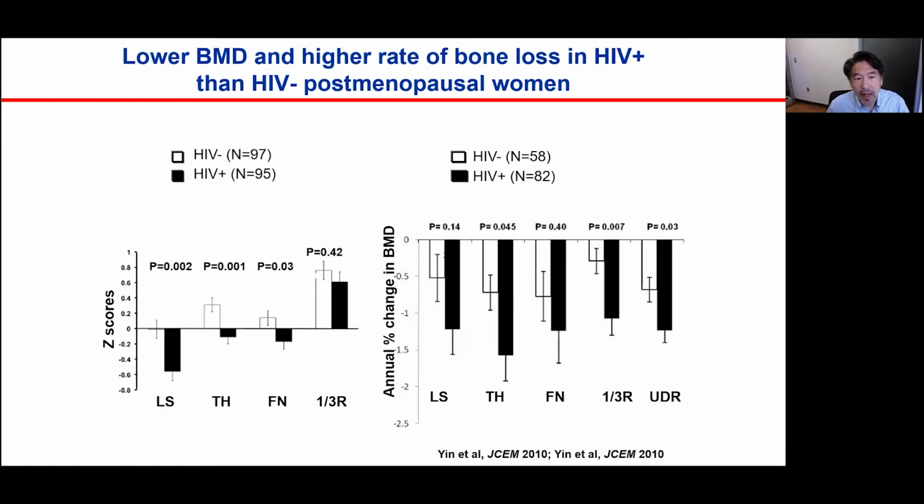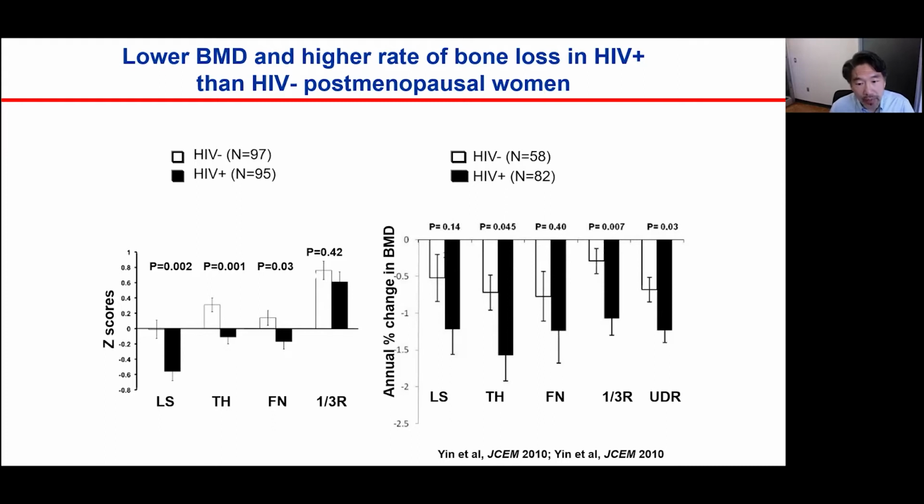We found that the HIV-positive individuals had lower bone density at the lumbar spine, the total hip, and the femoral neck than the uninfected controls. We also found that over a 1-year period, the rate of bone loss was greater at the total hip and at the wrist.